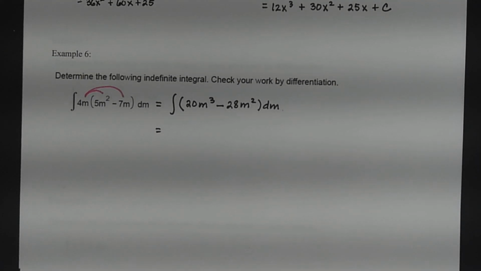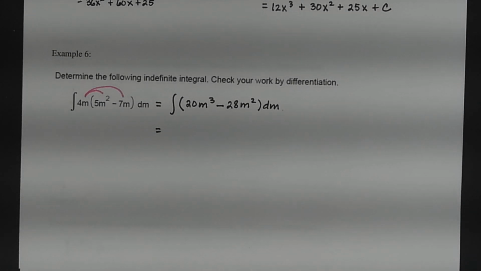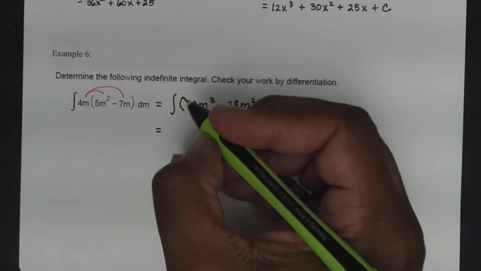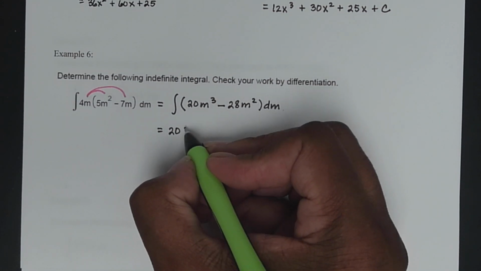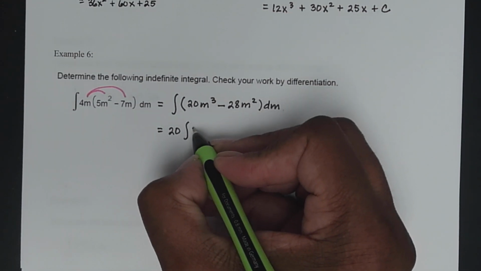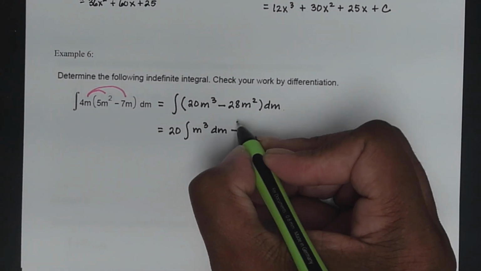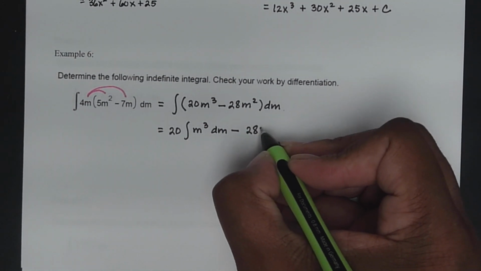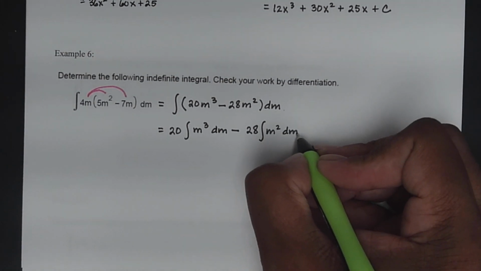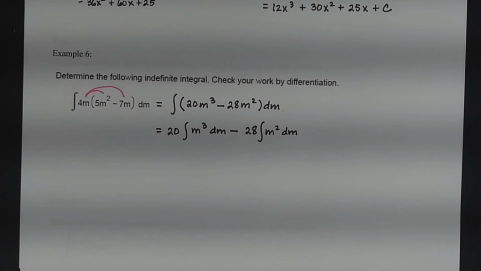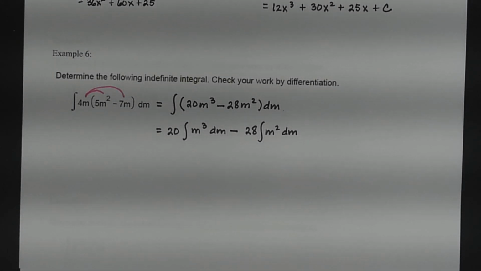Now we're going to use the combination of the constant multiple rule and the sum rule to break this apart. That 20 is my coefficient for m cubed. I can pull that on the outside, so it'll be 20 times the integral of m cubed dm minus, same thing here, I can pull the 28 out in front of the integral of m squared dm. Okay, so I'm taking the integral of each part and using the constant multiple rule.